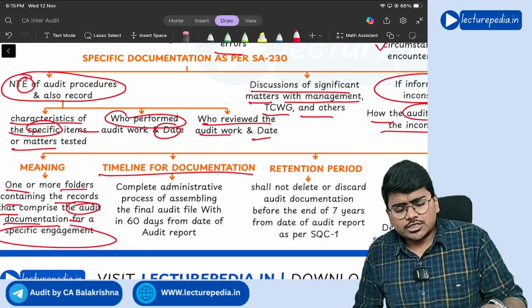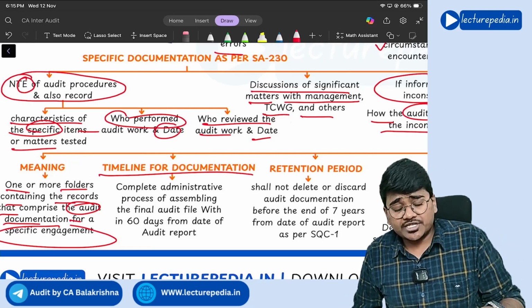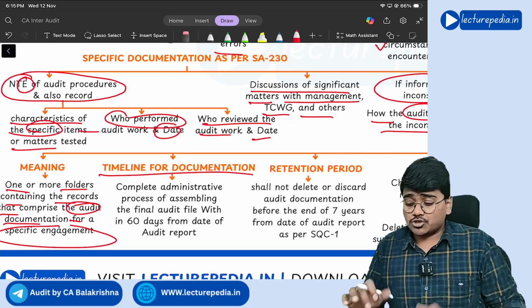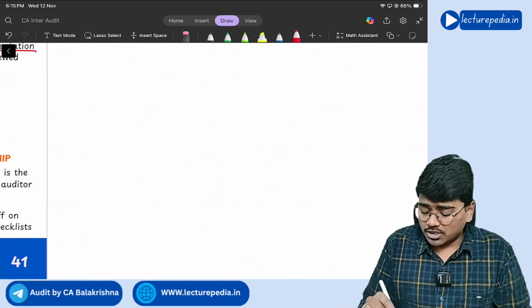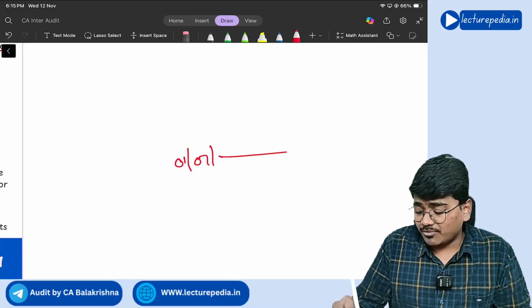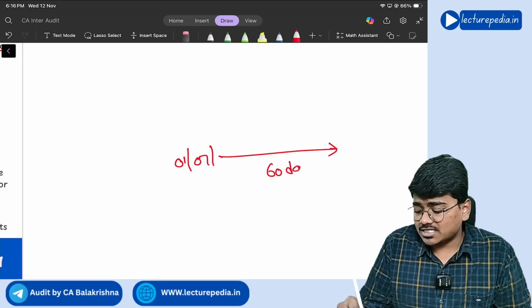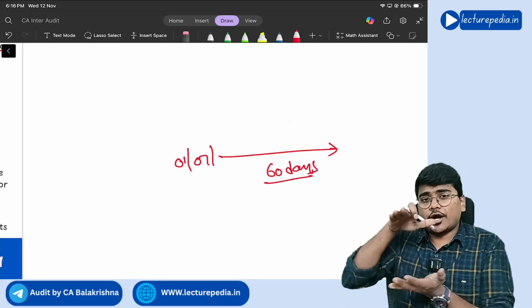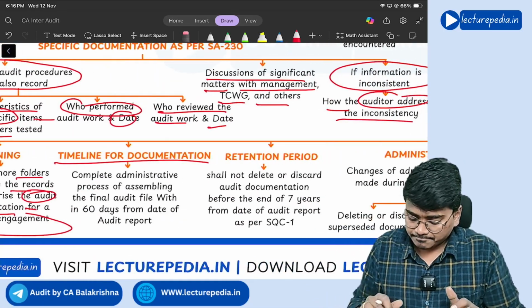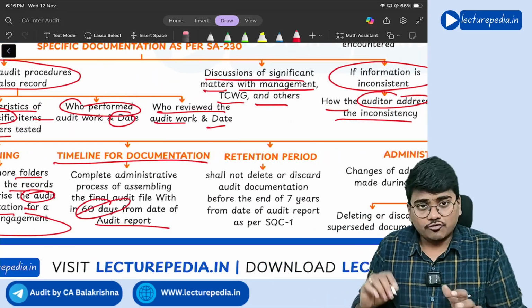See, audit documentation should be completed within 60 days from the date of audit report. So if the date of audit report that you have given is 1st of July so and so date, then from this within 60 days you have to finalize the audit documentation and keep it. Getting it? Yes sir. So 60 days from the date of audit report.